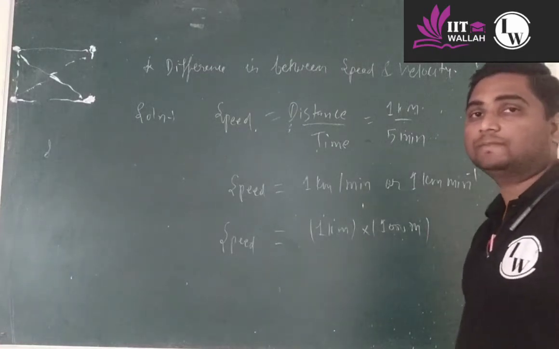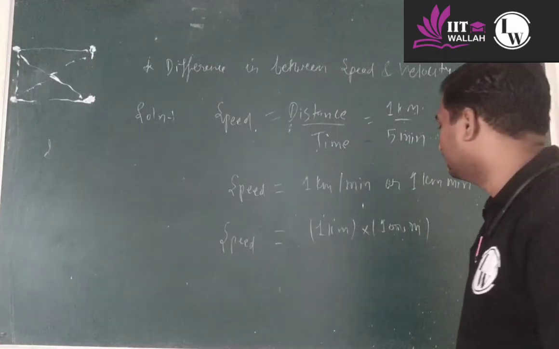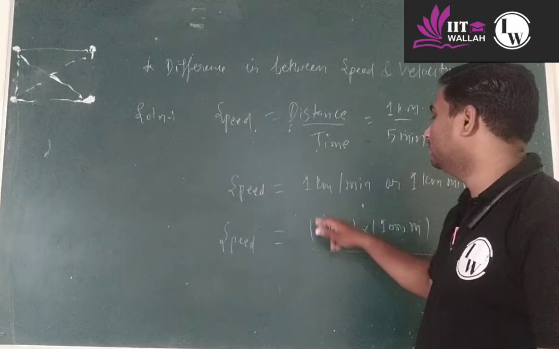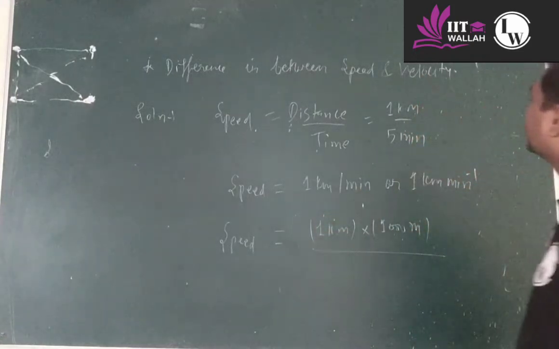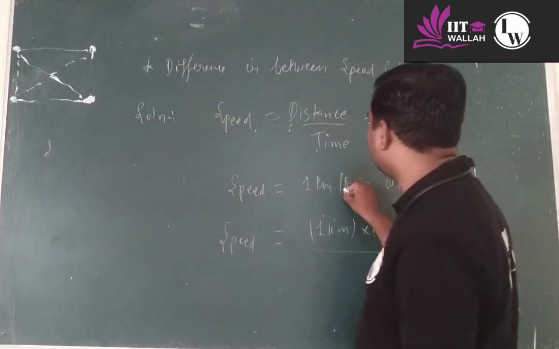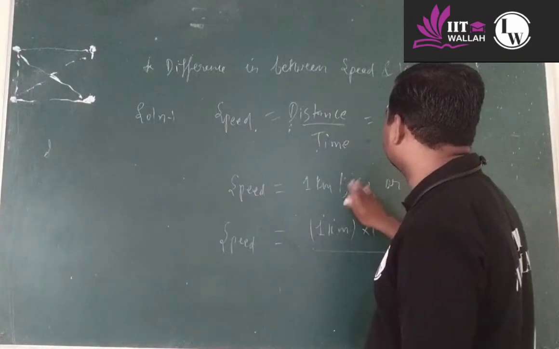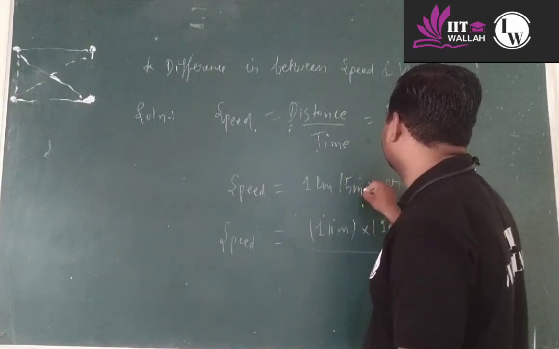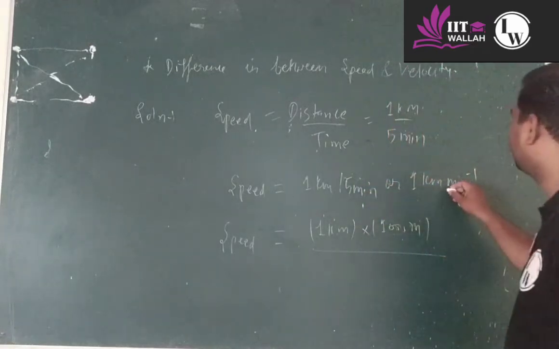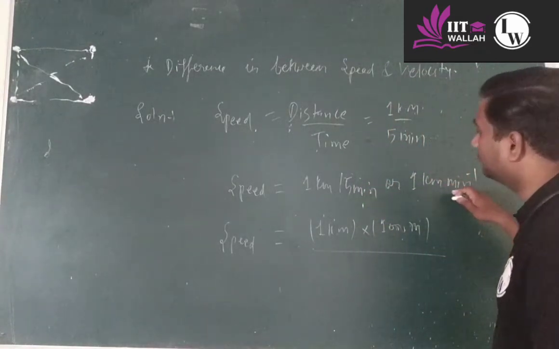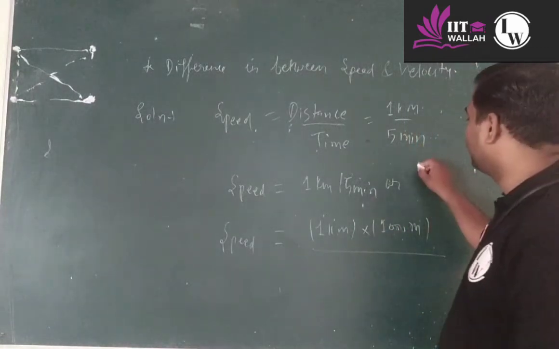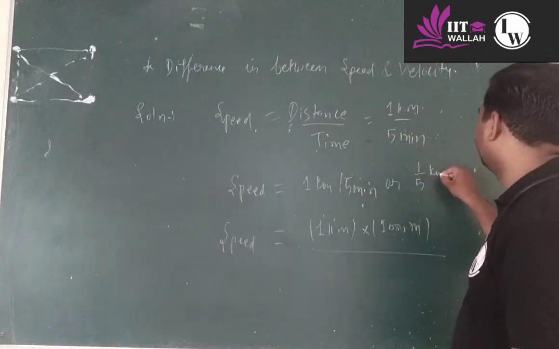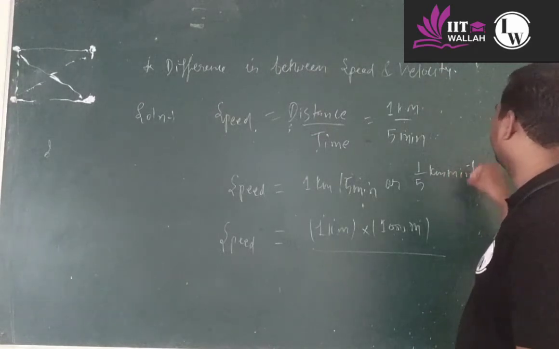Now this is 5 minute, so this is 1 by 5 kilometer per minute.